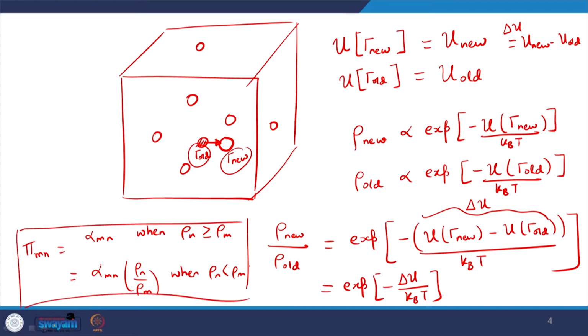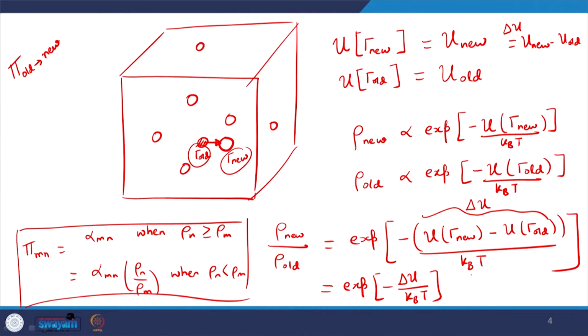So, what is going to be the transition probability therefore of going from an old state to a new state? If the new state happens to have rho n greater than rho m, then in that case we will have the probability as alpha mn.